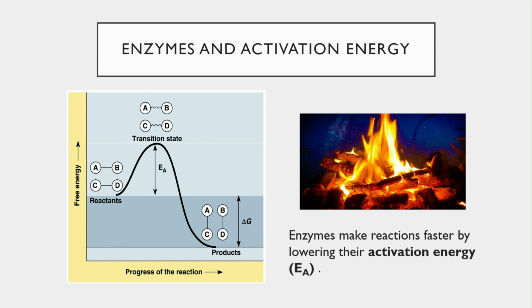The reaction coordinate is a wonderful way to depict this process. Note on the y-axis is free energy. So the higher the compound you find in this graph, the more free energy it has and the more unstable it is.